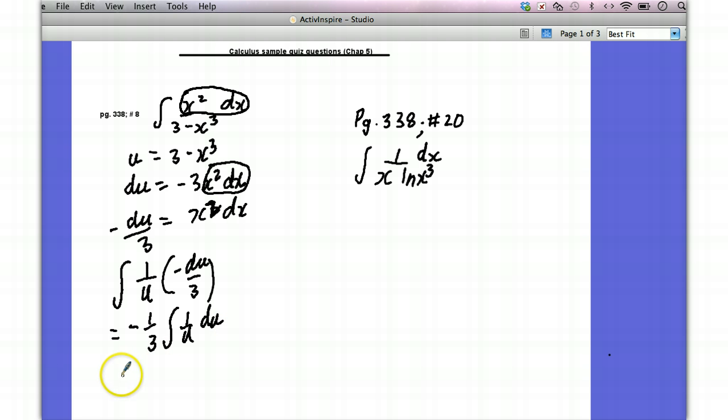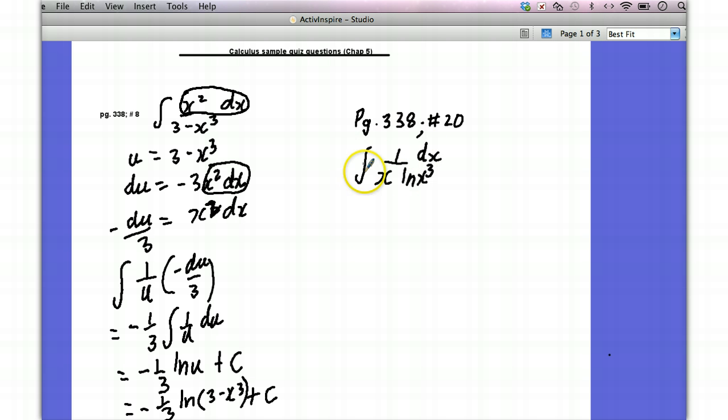And I can just hear Rachel shouting, ln u, ln u, ln u. It's exactly what it is, ln u. And let's not forget the most important part, it's being indefinite. It's a limitless aspect to it plus a constant. Back in terms of x, now it'll be negative 1/3 natural log of 3 minus x cubed, because that's what u is, plus a constant, and that will be our answer for that one.